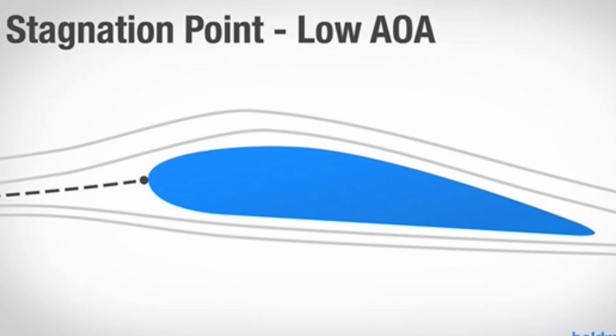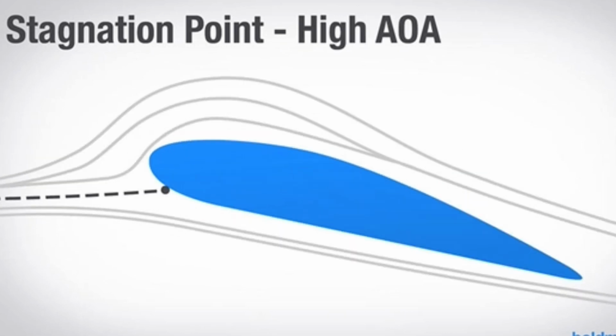In this picture you can see the low angle of attack stagnation point, and the stagnation point moves a little downwards at a higher angle of attack. This is an important point. Remember this for the next video. I'll explain why it is important that the stagnation point is moving downwards.